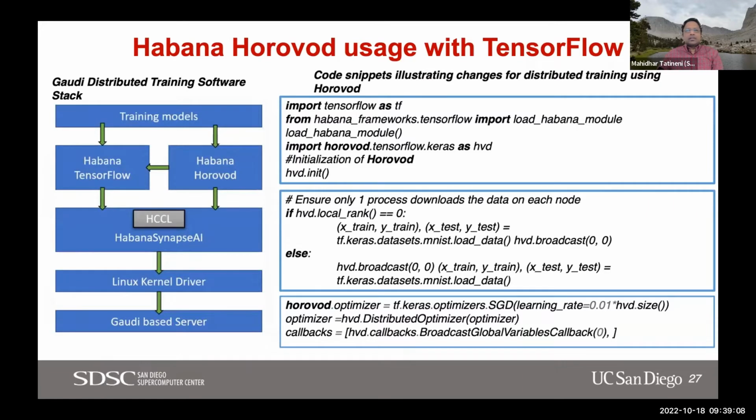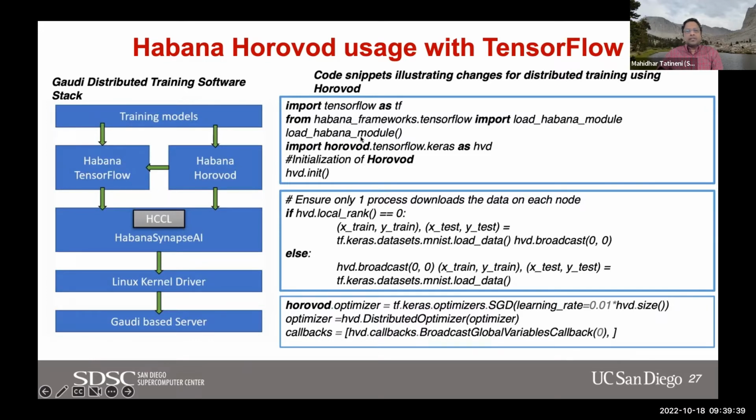Then I want to just look at an example which is using Habana Horovod. Again, this is built off the standard Horovod setup. So if your code already uses Horovod for scaling out, you can pretty much replace things with a Habana version, and that should work as is, actually. If you look at the changes for the distributed training, it's pretty standard, right?